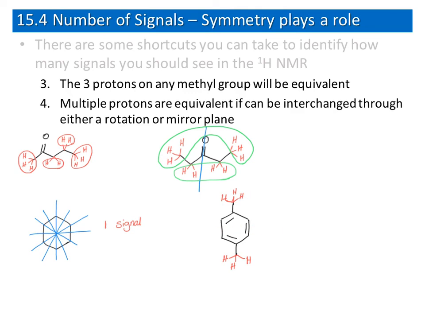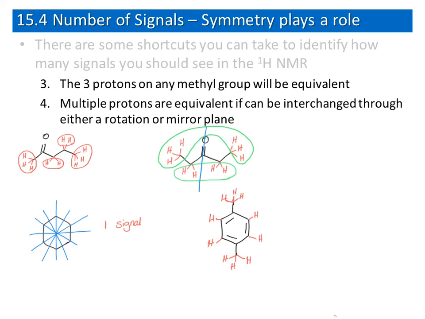Now on a ring we have 4 hydrogens. So there is a symmetry like this here and a symmetry like this here, which makes these 2 protons the same and these 2 protons the same.